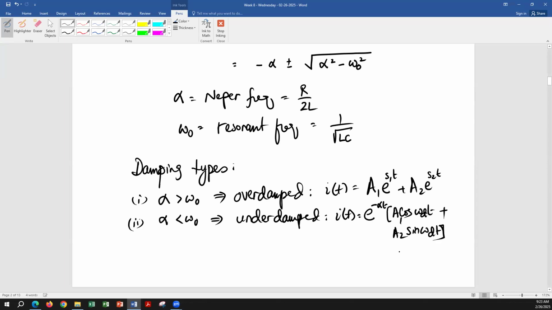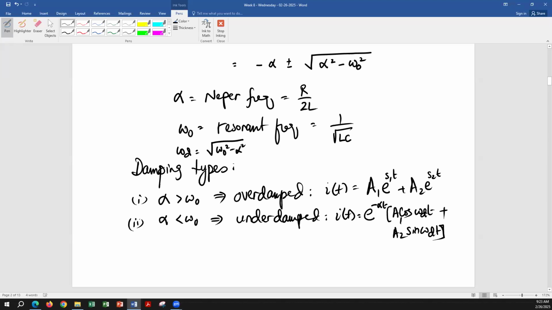That's the underdamped response. Omega d, of course, is, let me write down, omega d is the square root of omega naught squared minus alpha squared.